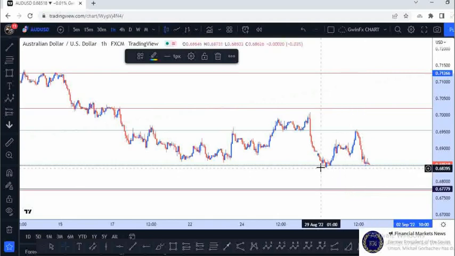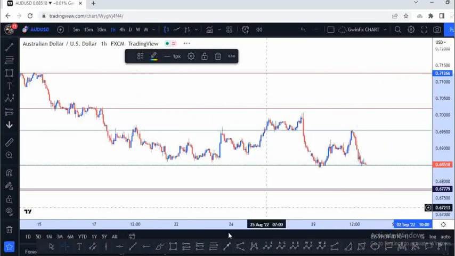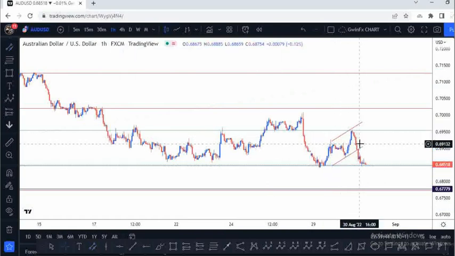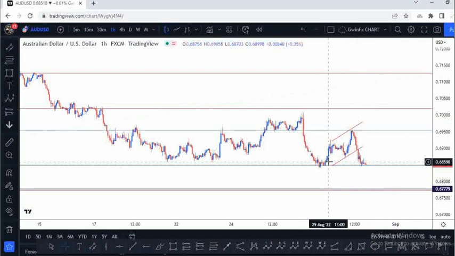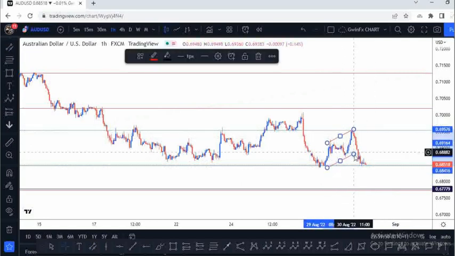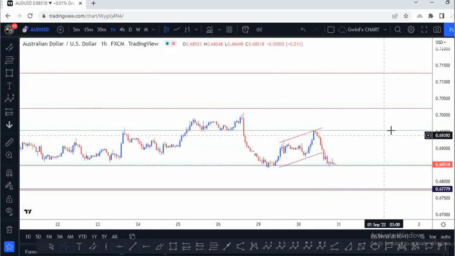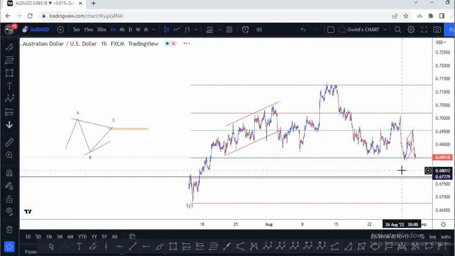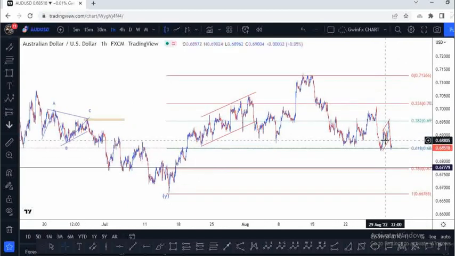So price did hit this area previously yesterday and also back into this area again. But if I point out to you, when price was back into the zone, it was actually in a channel here. So this was a sort of corrective pattern, and I would say there could be a great chance that we have developed more into a downtrend rather than price hitting the zone and then reacting off the zone.